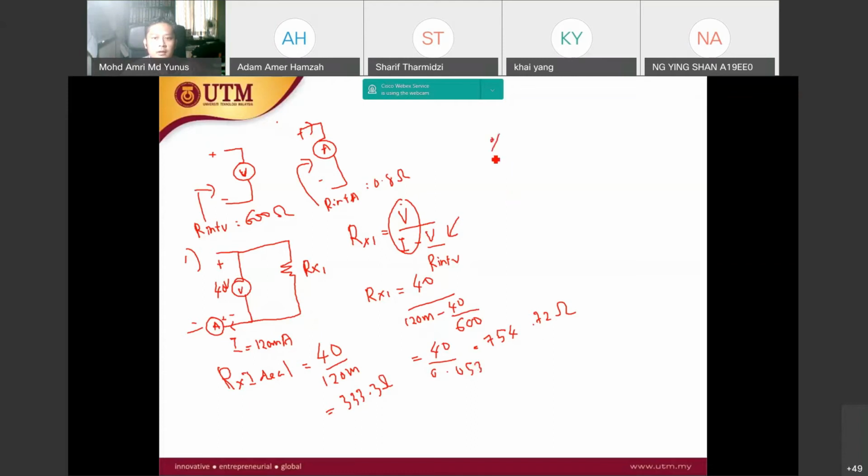So the error will be Rx ideal minus Rx1 from the measurement, absolute value, divided by Rx ideal multiplied by 100.